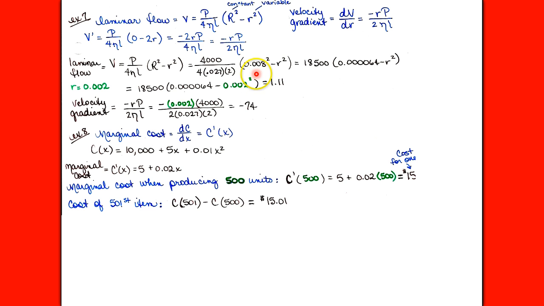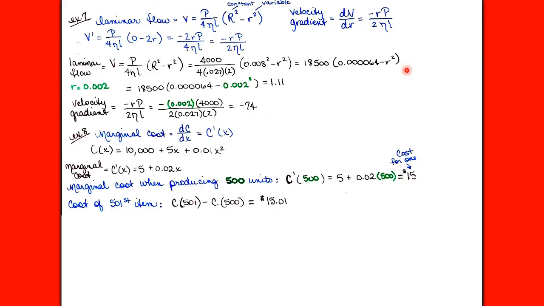Now, if they only gave me that, I would be able to throw this into my calculator to get the constant 18,500, and that would kind of give me a formula that I could use for laminar flow, so that if we wanted to go through and change that radius, that distance away from the central axis over and over and over again, I could still use this same formula.